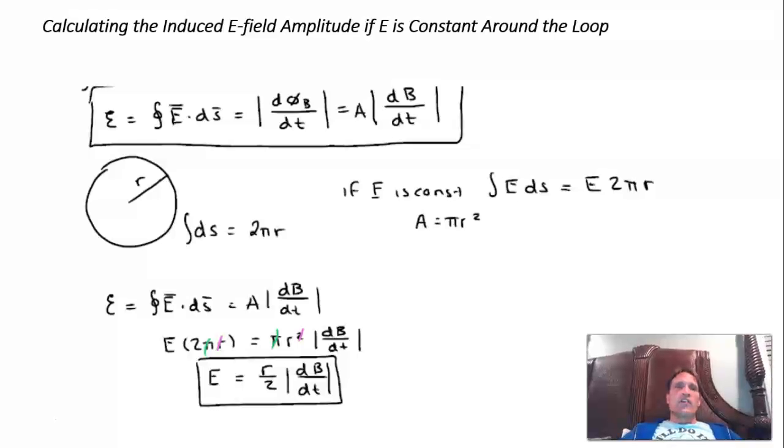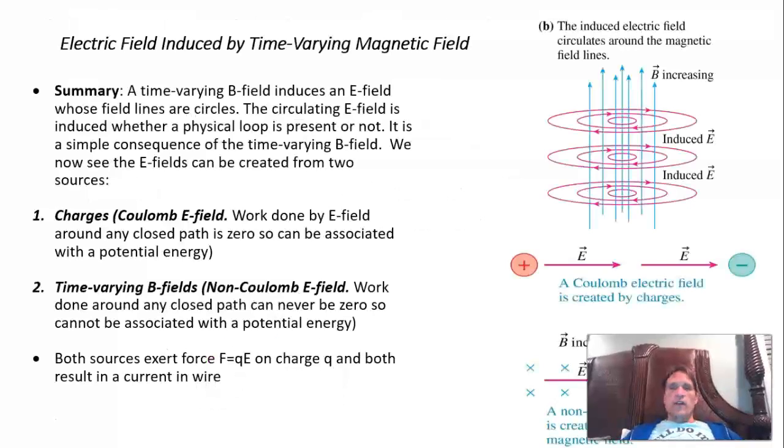So here's an example. Suppose that the electric field amplitude is constant around the loop, so we're at some radius r from the center of this loop. In this case, if we integrate E dot ds around the circle, the electric field everywhere is parallel to ds.